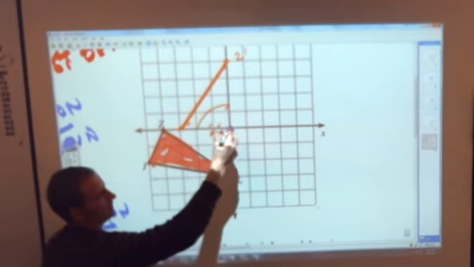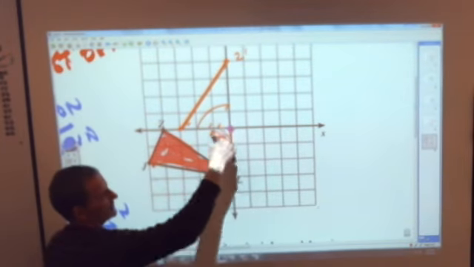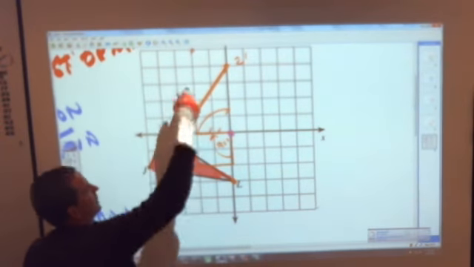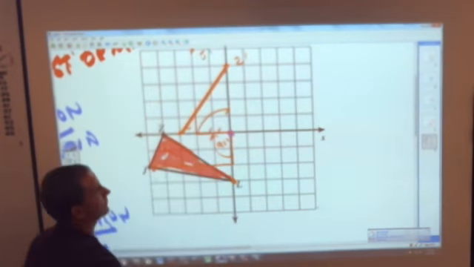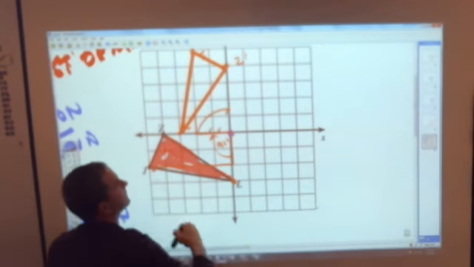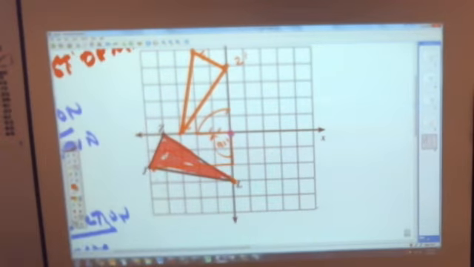So if you spin that and make this axis, I'm going to do the same thing. Over 2 and up 1, 2, 3, 4, 5. So that would be point J prime. And then you've got all of the points that you need. You can connect this with this and that with that. And that is your rotation around that origin.